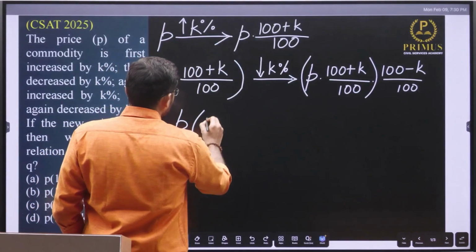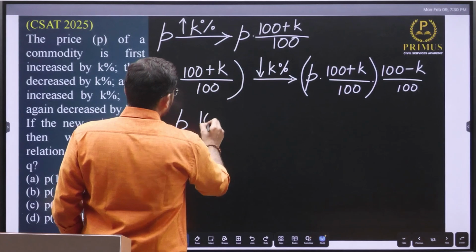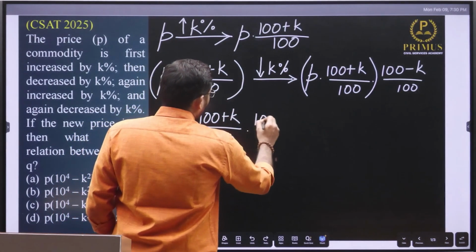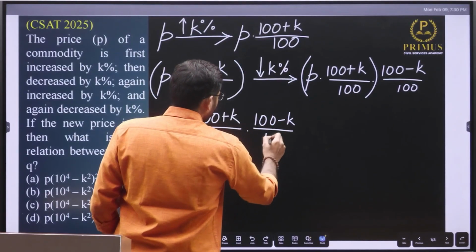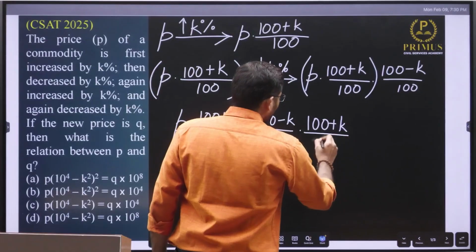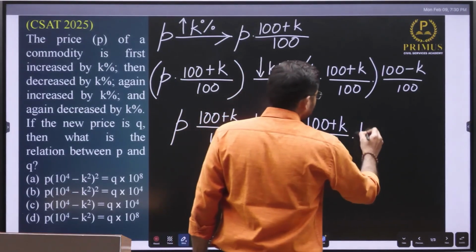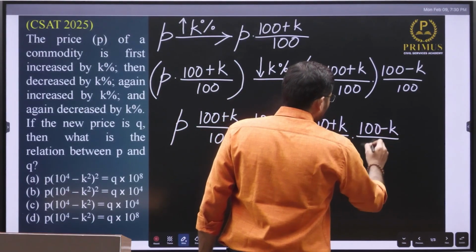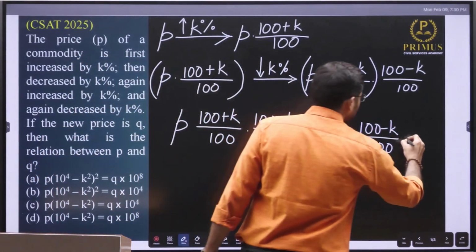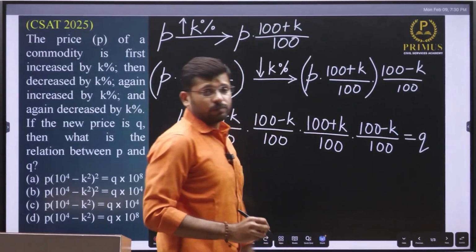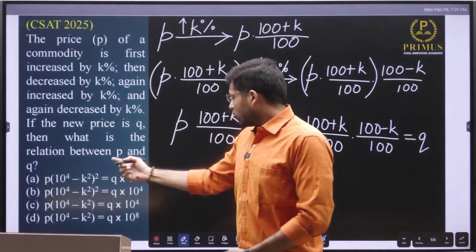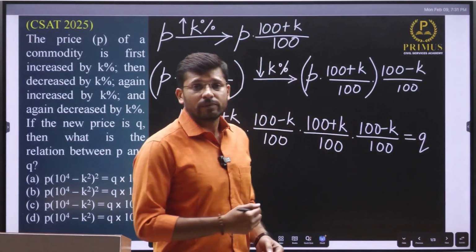It would be this much: P multiplied with (100 plus k) divided by 100 and then (100 minus k) divided by 100, and then when you increase it again, it would be (100 plus k) divided by 100, and if you decrease it again, it would be (100 minus k) divided by 100. This will be the final value, and they have told us that this equals Q.